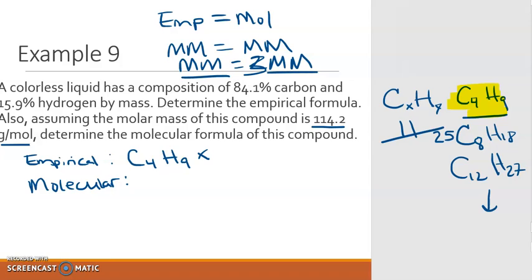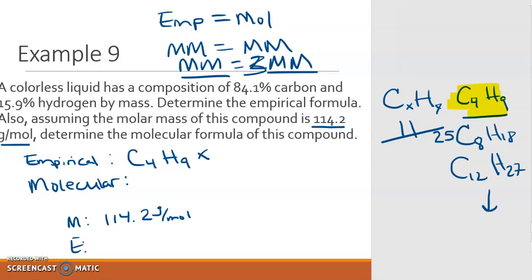So here's what we do. We know that the true molar mass is 114.2 grams per mole. Let's compare that to the molar mass of the empirical formula. I'm going to put M for molecular, and E is going to stand for empirical. What is the molar mass of our empirical formula, C4H9?